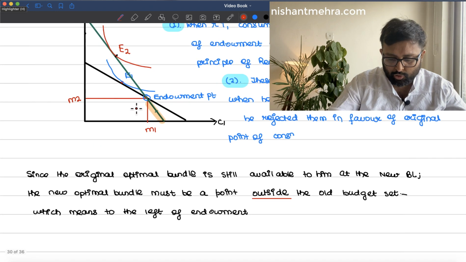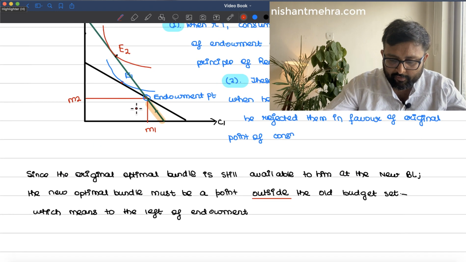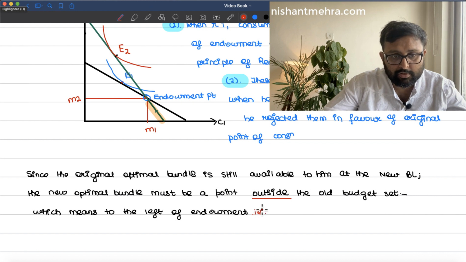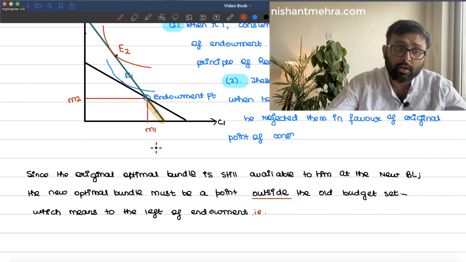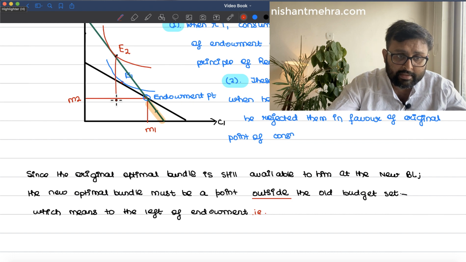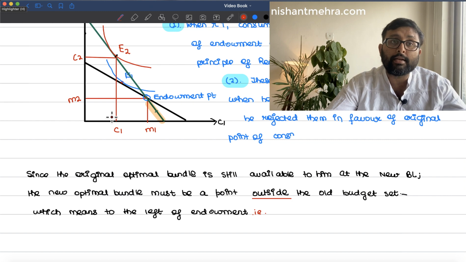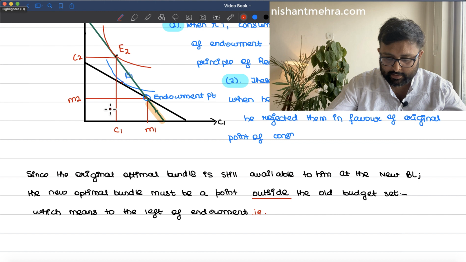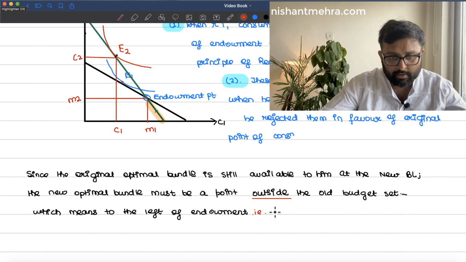And in case it is to the left of the endowment point, it means what? You are still consuming less now at this point. So your consumption is C1 here, C2 here. So your consumption in time period 1 is lesser than your income, hence you are still a lender. That is, the consumer must remain a lender.